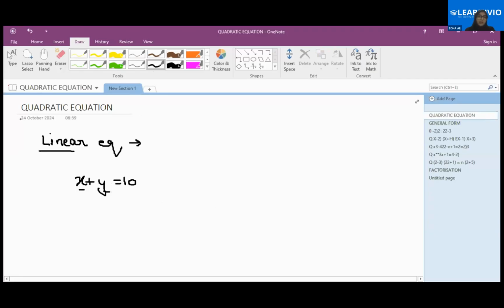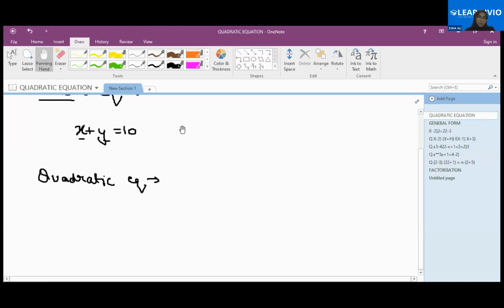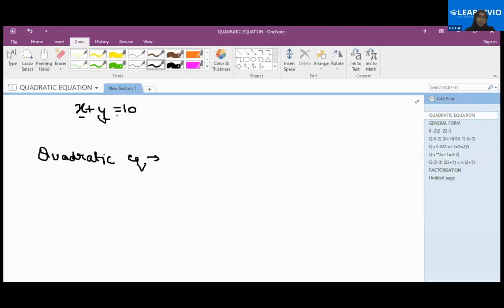Now for quadratic equation, as the name suggests, quadratic equation is the equation in which, let's guess, what type of equation it could be? Tell me, any guesses? Quadratic equation. a plus b plus c equals 5.